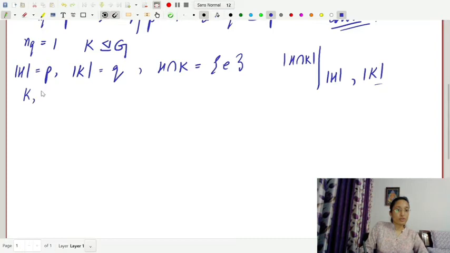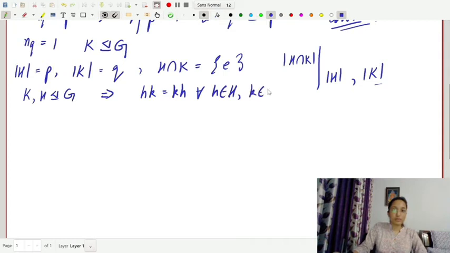And H and K are normal subgroups of G, so it implies that its elements commute, that is HK is equal to KH for all H belonging to capital H and K belonging to capital K.